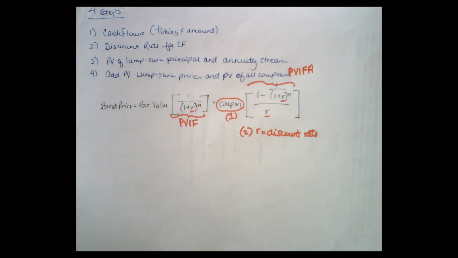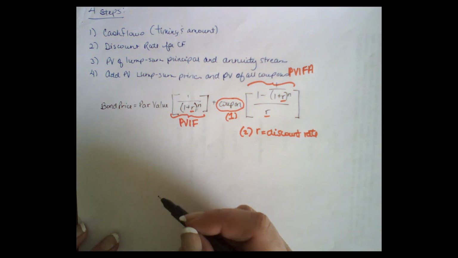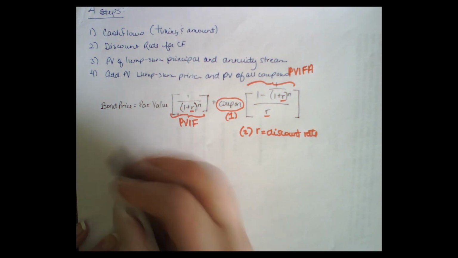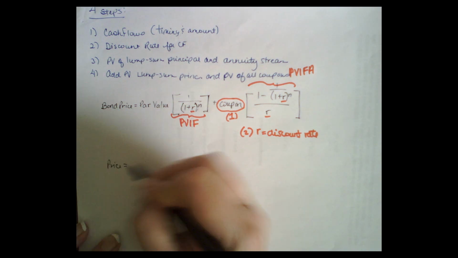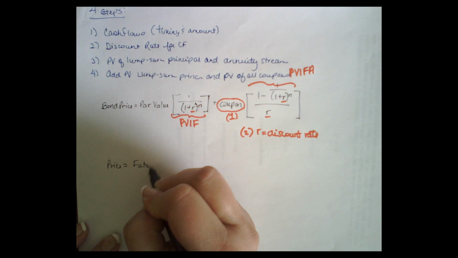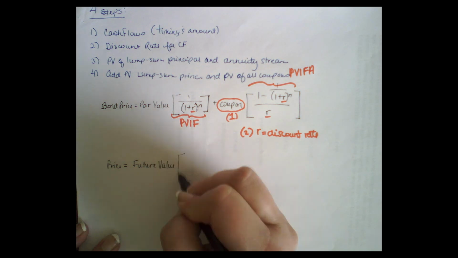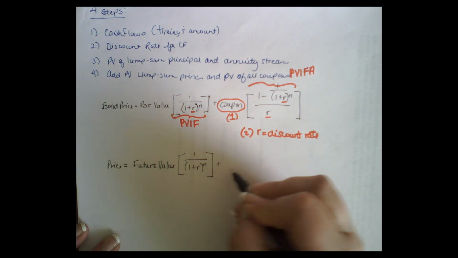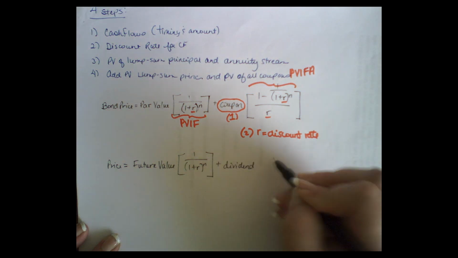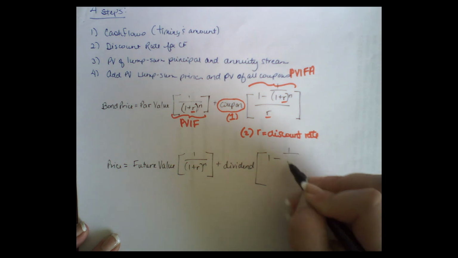Now when we move into looking at stocks, the formula appears to change, but it is essentially the same. So let's compare the 2 formulas. We have our bond pricing formula here, and then our stock pricing formula is equal to the future value times the present value interest factor, plus the dividend stream times the present value interest factor of an annuity.